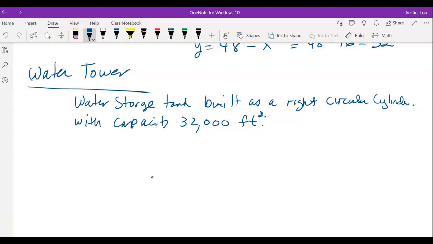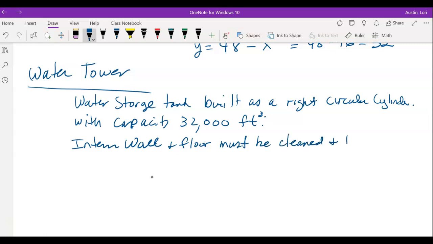Okay, the interior wall and floor of the tank, and I will draw a picture in a minute, must be cleaned and treated annually. That's it. Just once a year, your water tank gets cleaned. Just keep that in mind. Must be cleaned and treated annually.